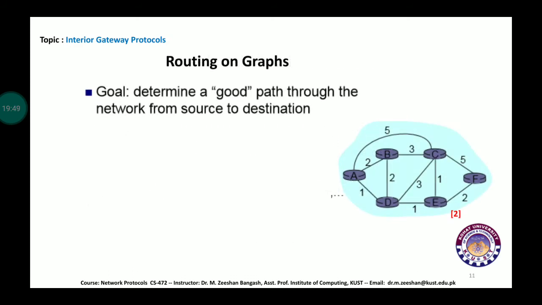So the goal of routing is to find a good path from the source to the destination, and good is often considered the shortest path.